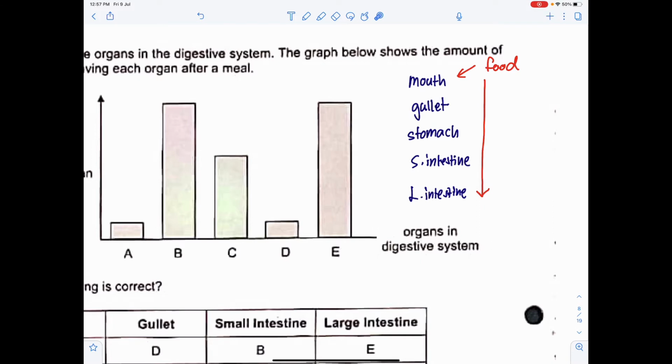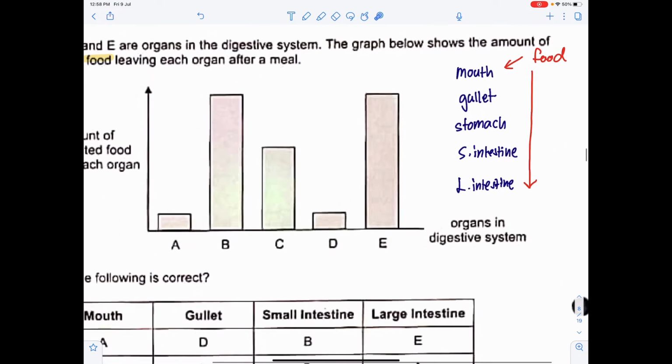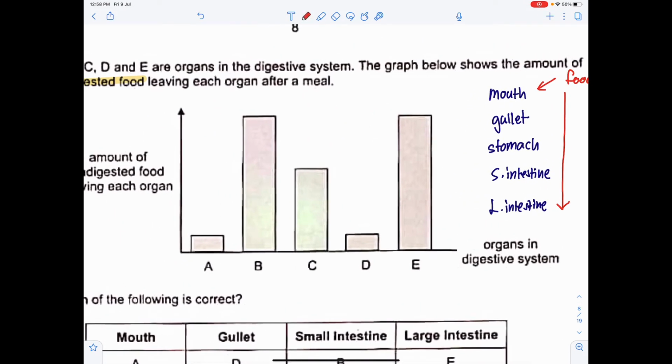Why your gullet as well is because food just moves through there transiently. It passes through quickly and doesn't stay there long enough to digest anything. So the amount of undigested food that leaves your mouth and goes into your gullet will be more or less the same. Because food enters the mouth, that should be the highest amount of undigested food. So your B and your E could either be your mouth or your gullet.